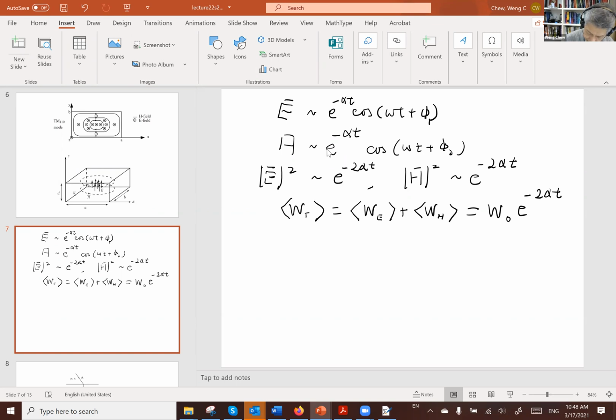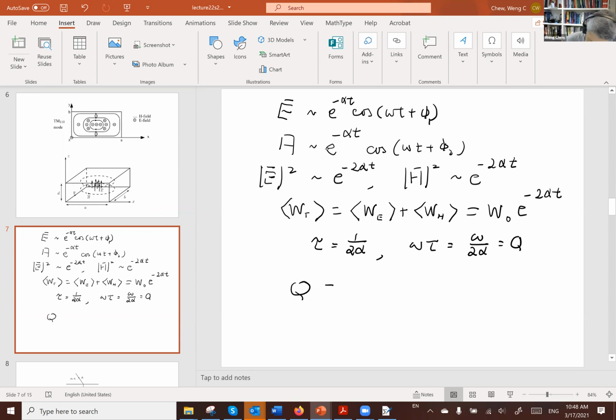Then you can see that the time constant in this case is 1/2 alpha. And then the Q of the system can be thought of as the number of cycles within this time constant, which is omega/2 alpha. Okay, this will be the Q of the system.